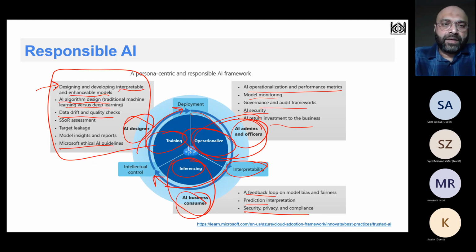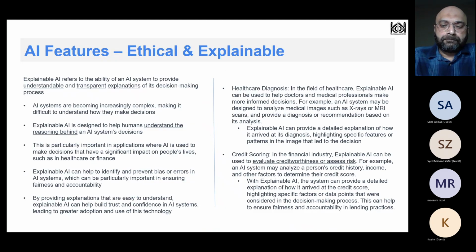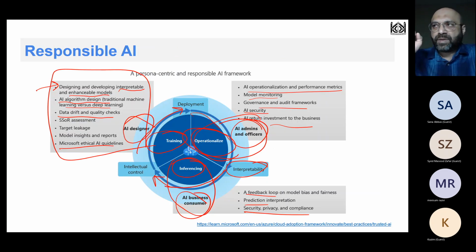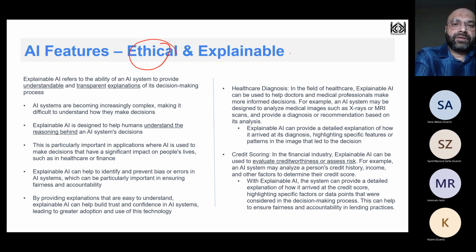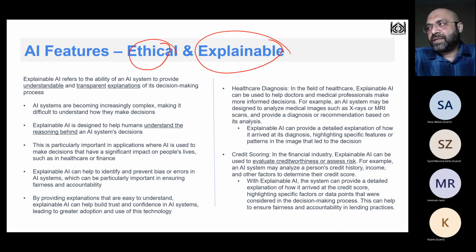Okay. All right. So keep that responsible AI in your mind. Okay. AI has two very distinct features that we need to be aware of and make sure we embed into our model. One is the ethical side, and the other is the explainability side.